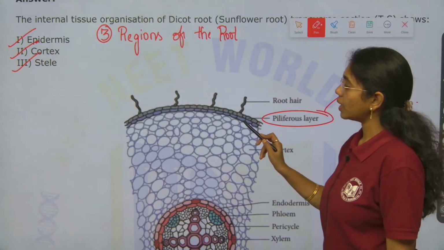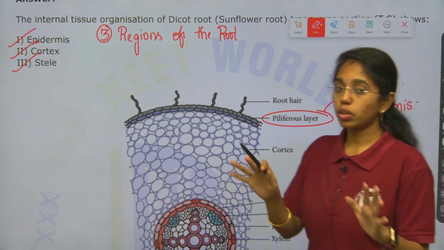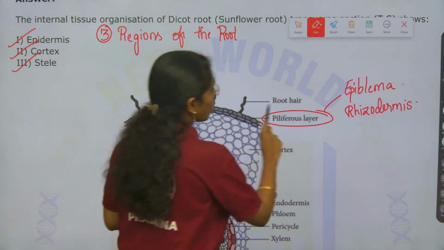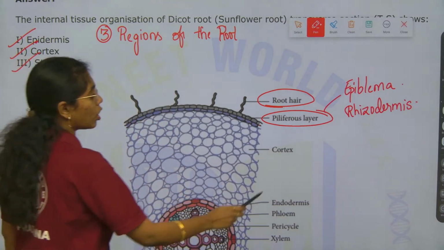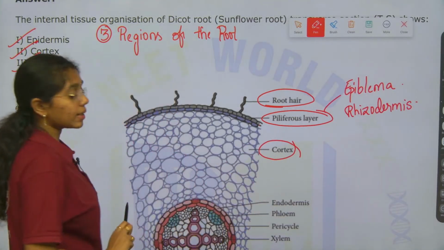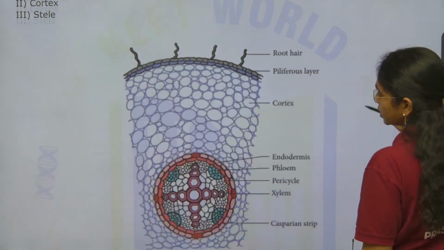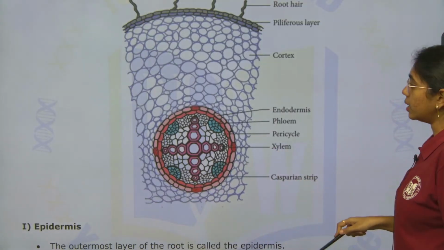From here, the epidermis of the root is not covered by any waxy coat cuticle. It has unicellular hair-like projections called root hairs. Below that you have what? General cortex region. General cortex is parenchymatous, after which you have endodermis. From this diagram only I will explain you and then we can go through the theoretical description.